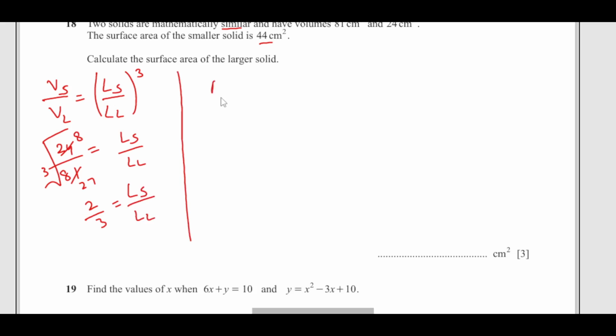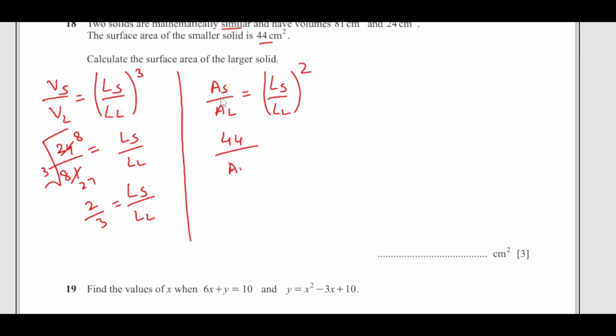Now we are looking for the area of the smaller and the area of the larger. Area of the smaller over area of the larger is length of smaller over length of larger to the power 2, because now it's area, right? The surface area of the smaller is 44, and the area of the larger we are going to calculate.